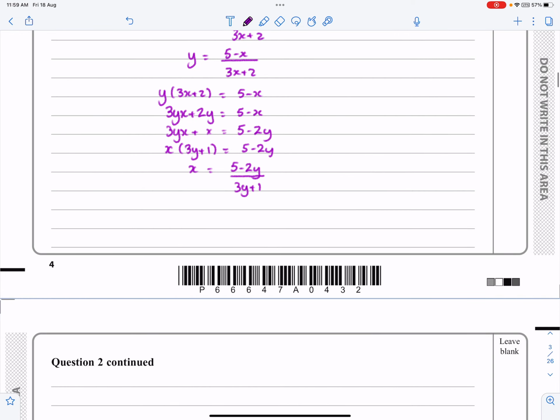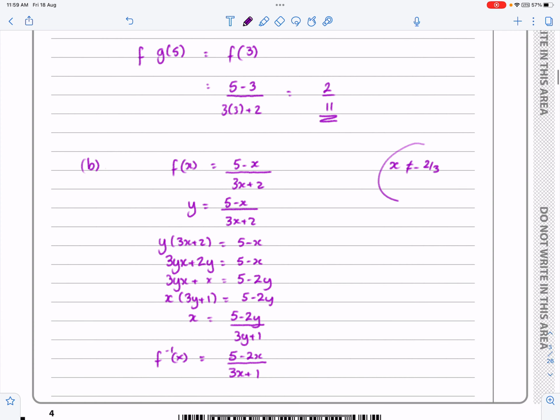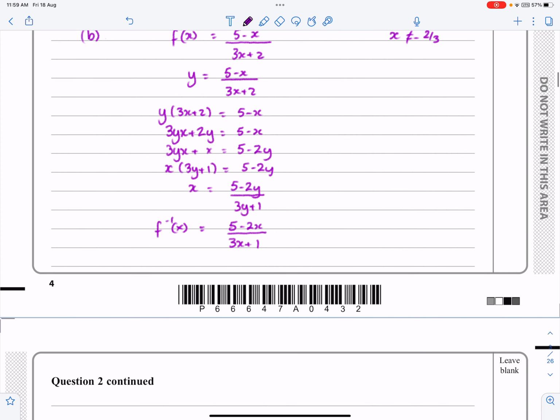But I want to write it as f to the minus 1 of x equals, so it's not 5 minus 2y, it's 5 minus 2x over 3x plus 1. We just need to go back and think about our domain business here. We can't have the denominator being equal to 0.